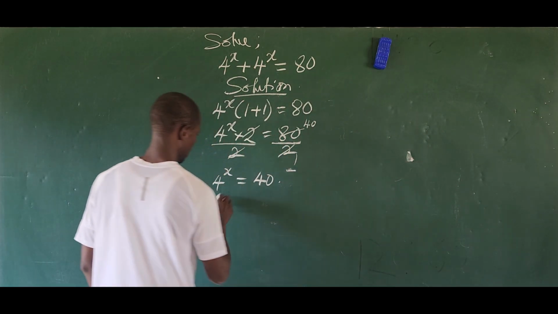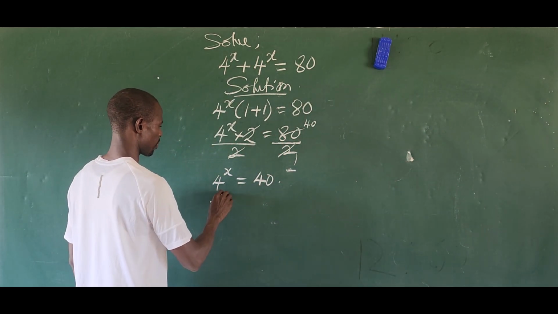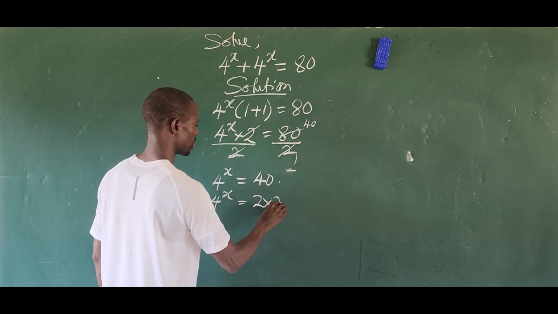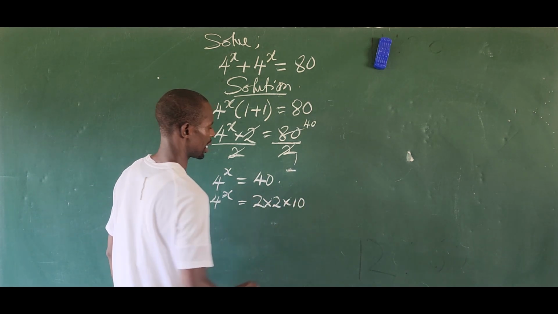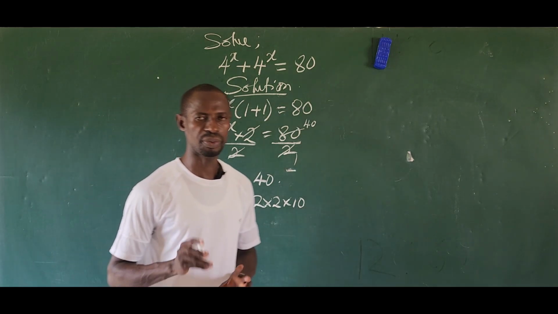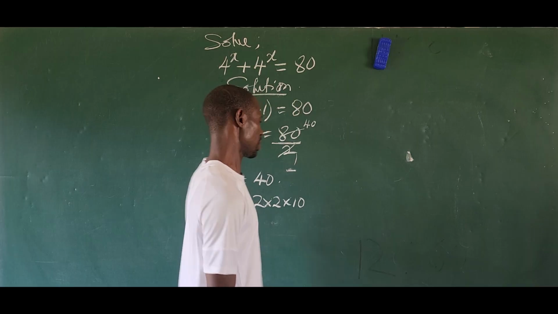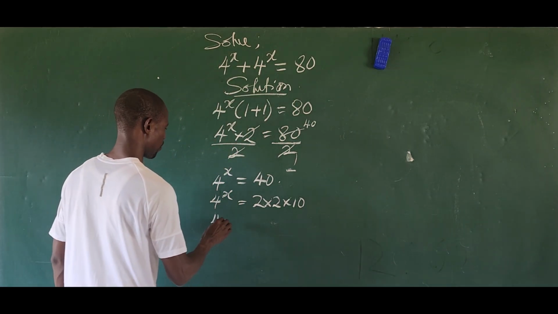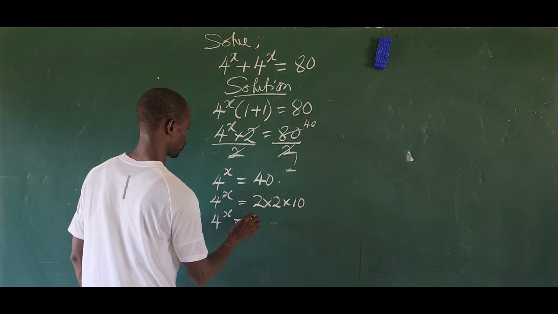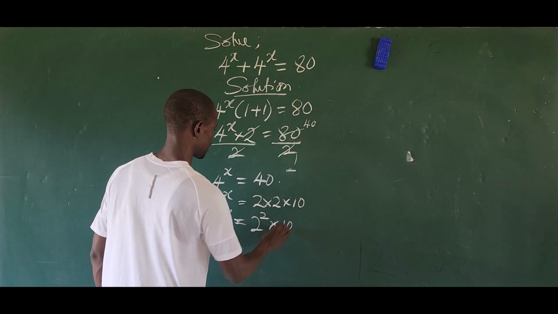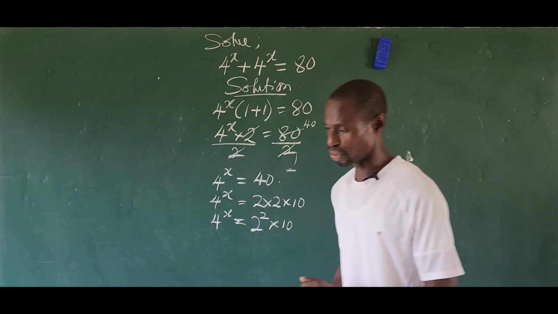So let's rewrite this. This will give us 4^x equals 2 times 2, then times 10. And we know 2 times 2 could be written as 2^2, right? Good. So this gives us 4^x equal to 2^2 times 10.